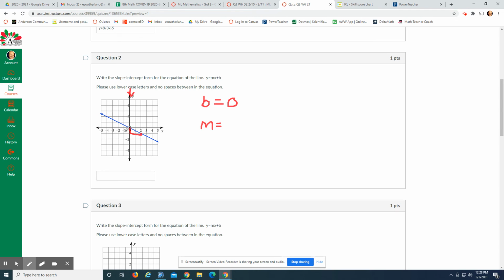I can see that it has a rise of 1 and a run of 1, 2. I'm going to read it from left to right. And it's going down the graph, so that means it's negative. And so for this equation, I would write y equals -1/2 x, and then that would be the answer.